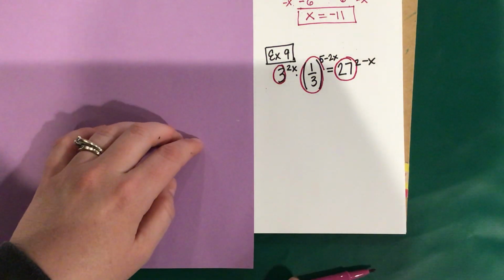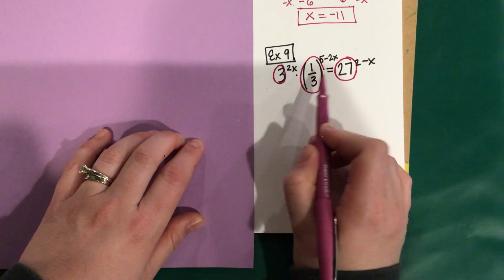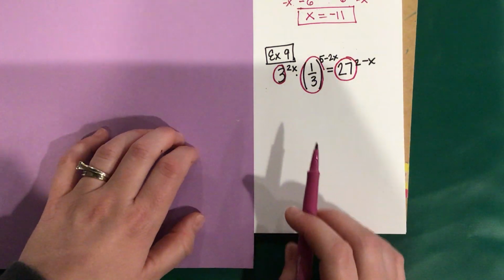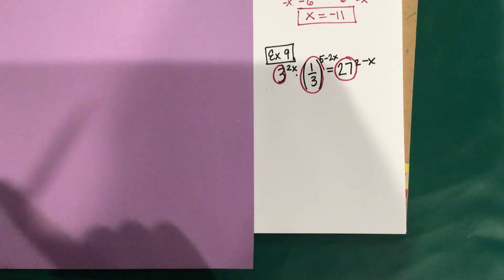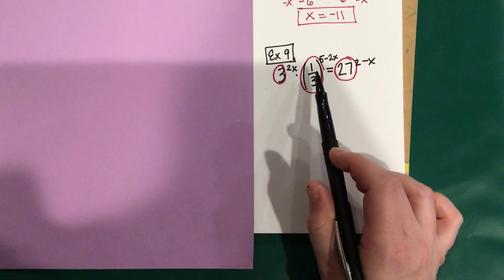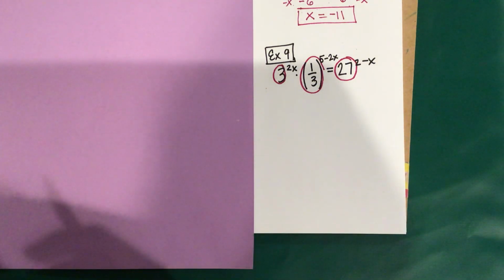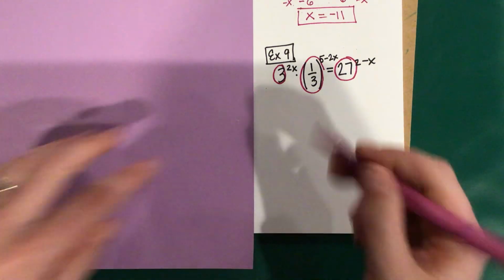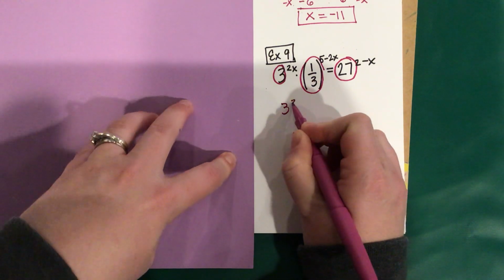So when I go ahead to do that, I have 3, 1/3, 27. So I need to rewrite everything. Well, I'm hoping with a 3 and a 1/3, it's pretty obvious you're going to use a base 3. So I'm keeping the 3 to the 2x.